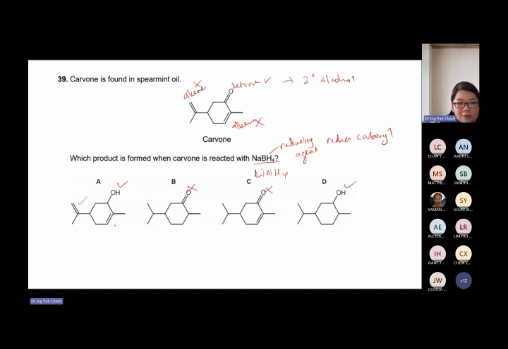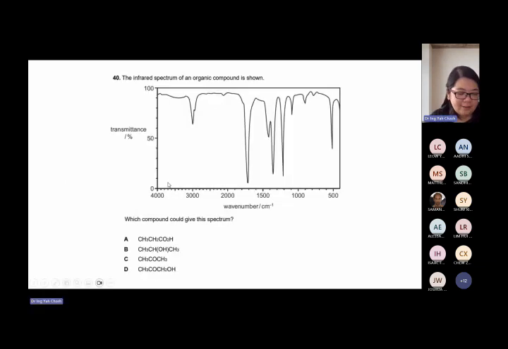Alkene, not change, not change. So again our answer is A. B, you see, alkene were reduced, so not correct. This part not correct, this one still correct. So the answer is A.